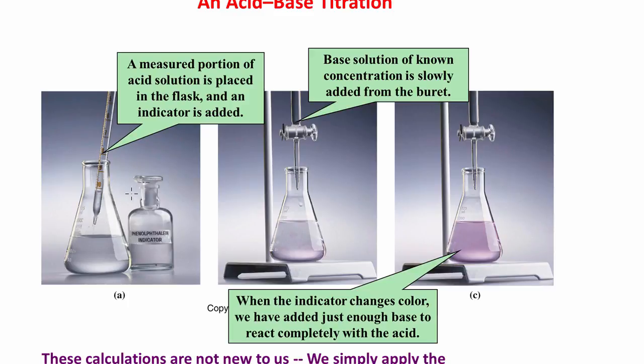But basically for this acid-base titration, you would measure out a portion of the acid solution and place that into the flask, put a couple of drops of indicator in there, and then your base, whose concentration you would know, you would add to the flask from the burette until you see the color change, till that end point. Again, as I said, that end point is a little bit past the actual equivalence point.